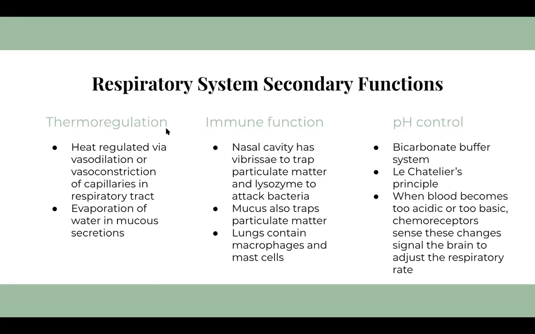When blood becomes too acidic or basic, as I was referring to earlier, there are chemoreceptors in the ventilation center neurons that sense these changes. So you adjust the respiratory rate to either breathe more rapidly to get rid of more carbon dioxide, or breathe less rapidly to have an adequate level of carbon dioxide. More on the bicarbonate system later.